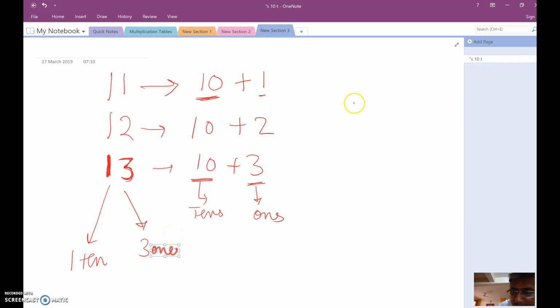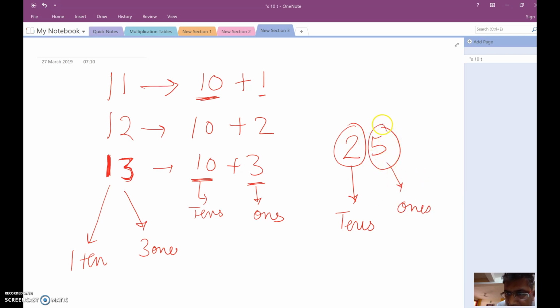Okay, like in 25, we are having 2 tens and 5 ones. This place is called ones place and this is called tens place. I hope now you understand it.